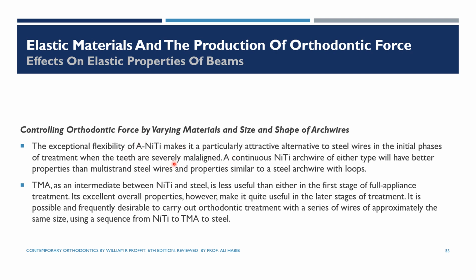It gives you much easier aligning and leveling, and will give you continuous light force. Beta titanium wire is not good for initial aligning or leveling. As we said, it's somewhere between NiTi and stainless steel, but maybe it's useful in the later stages of treatment, during the finishing stages and during space closure, if you use the looped arch wire.